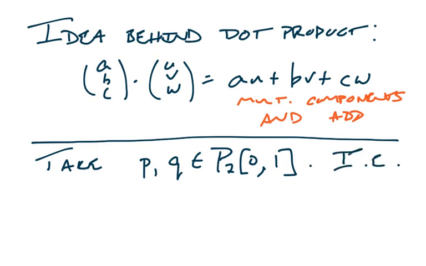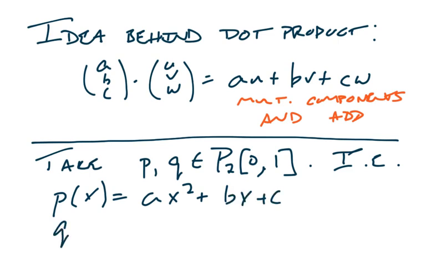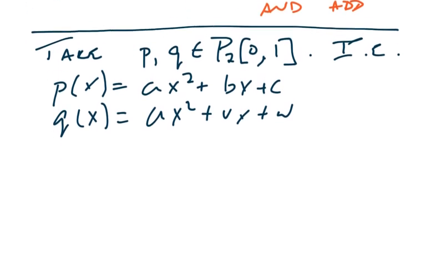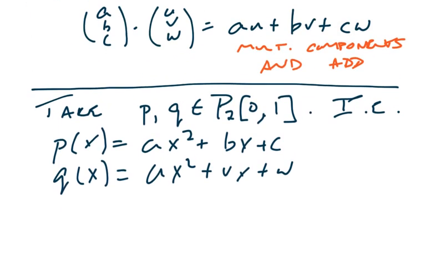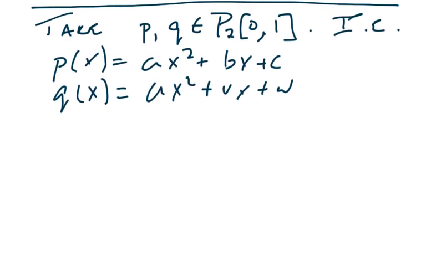In other words, this means that P of x is some polynomial, ax squared plus bx plus c, and Q of x is some different polynomial, ux squared plus vx plus w. So they're both polynomials of degree 2 or less. And what we want to do is think about what this idea could mean: multiply components and add. Because that's going to be our generalization of the dot product.